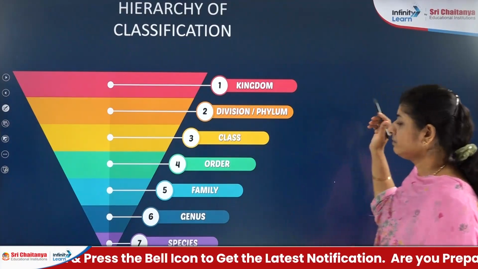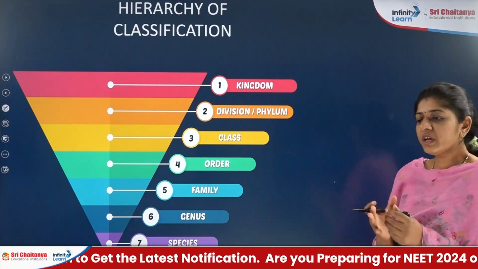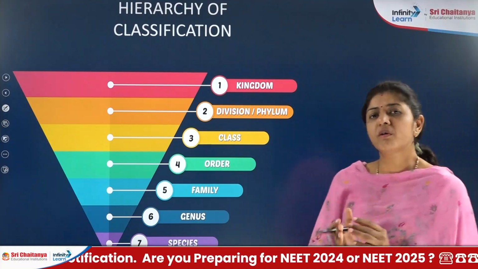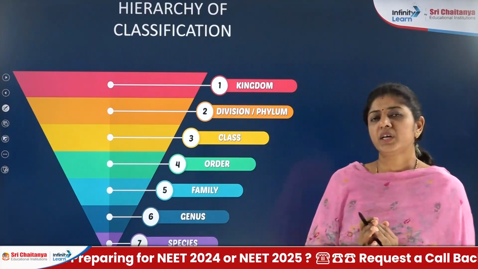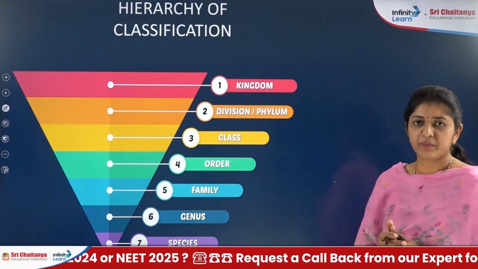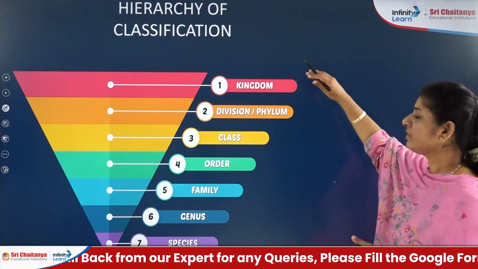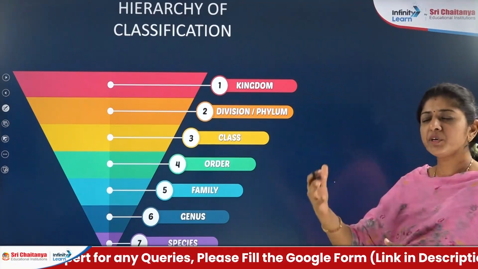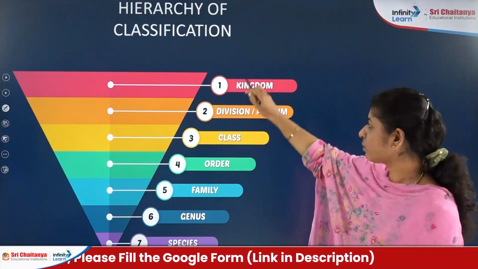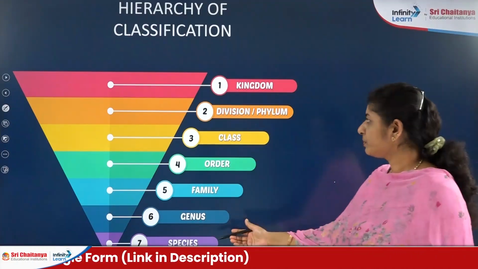They can ask you what is the correct ascending order of the sequence you take in this hierarchy. We will discuss a few questions at the last, but you must remember, if we are taking ascending as per your NCERT book, I told you the arrows given like that, then no doubt species to kingdom.